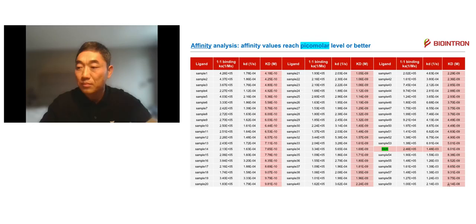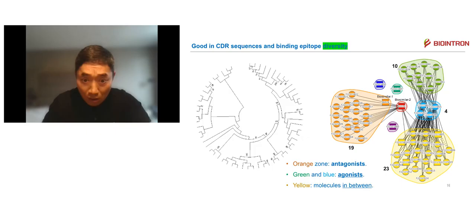And if you look at the affinity, it's a similar story. Compared to the benchmark, most of them reached the -10 range. In addition to binding, in many cases people care more about the CDR sequence diversity, as I just talked about.